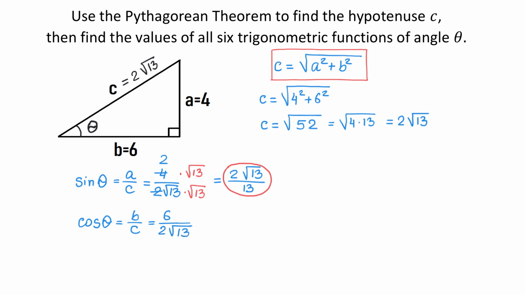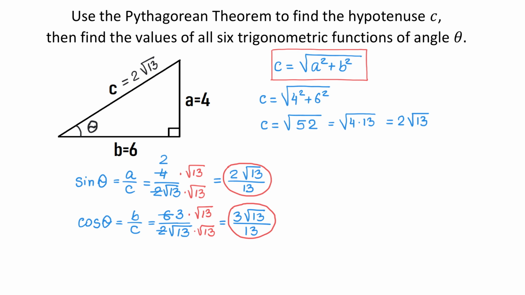Now we will divide the numerator and the denominator by 2, and just like above, we will multiply the numerator and the denominator by square root of 13. We do this to eliminate the radical from the denominator. Then in the numerator we will have 3 square root of 13, and in the denominator we will have 13. And this is the value of cosine of theta.